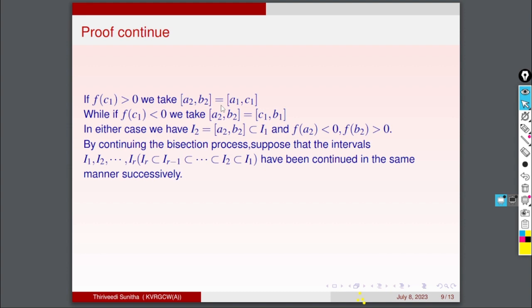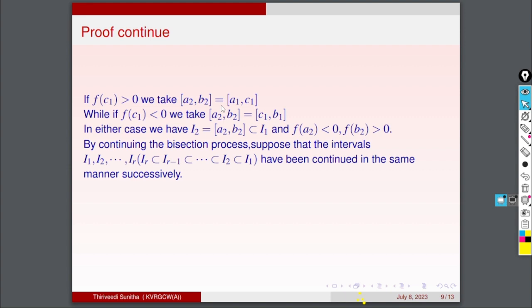By continuing the above process in the same way, we get I1, I2, and so on, Ir, in the form Ir contained in Ir-1, and so on, contained in I2, contained in I1. These I2, and so on, Ir are subsets of I1.